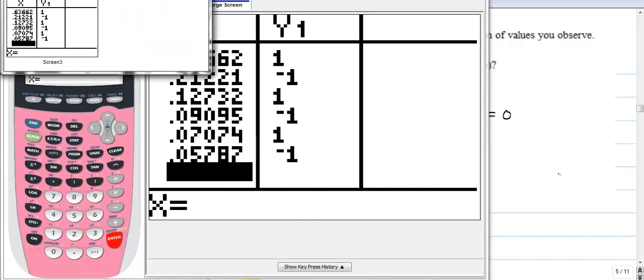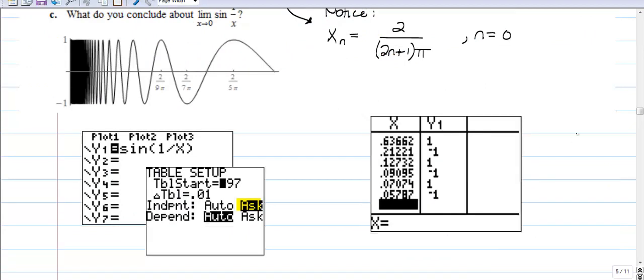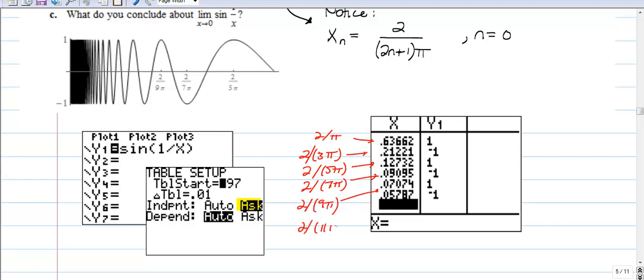All right. So, again, all I did here was type in these values. So this was 2 divided by pi, and then 2 divided by 3 pi. Must have those parentheses. 2 divided by 5 pi, 2 divided by 7 pi, 2 divided by 9 pi, and then 2 divided by 11 pi.